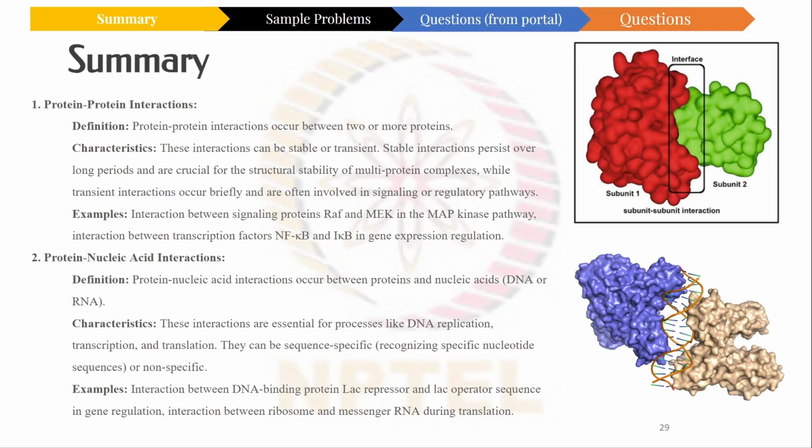Here the top image shows one subunit of a protein, subunit 1, interacting with a second subunit 2, forming a protein-protein complex. Here I have highlighted the interface, which are regions close to the binding component and are generally termed interface residues.